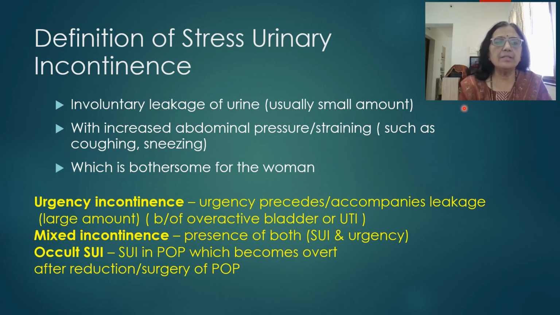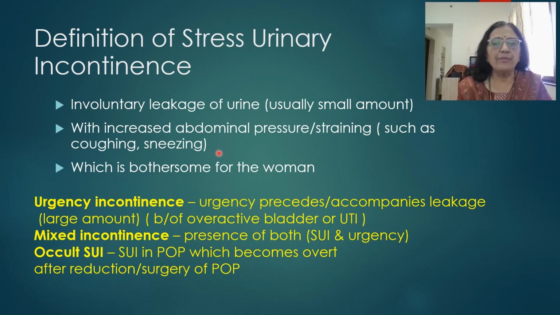How we define it is there is an involuntary leakage of urine, any amount of urine. Whenever there is an involuntary passage of urine, that is incontinence. But in stress urinary incontinence, it is usually in small amount, which is associated with increased abdominal pressure or straining, activities such as coughing, sneezing, or sometimes in severe cases even laughing also.